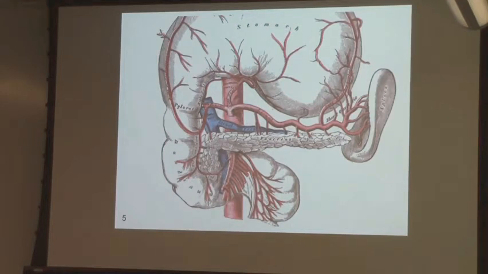Oh, and the gastroduodenal as well. That's how you would answer the question, to follow blood flow from the aorta to the greater curvature. That's a hard question. The right gastric on this is right here.